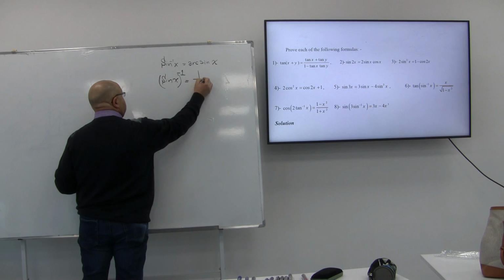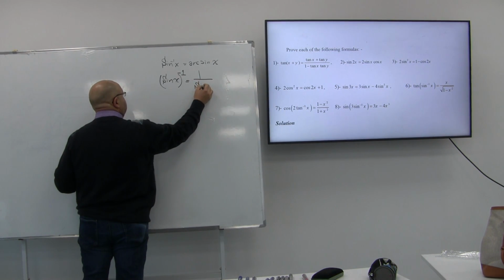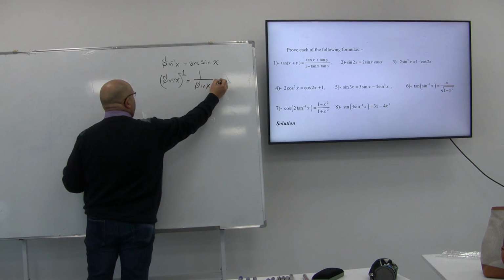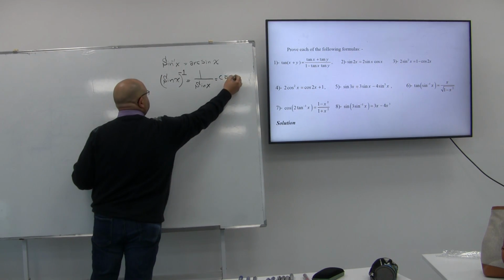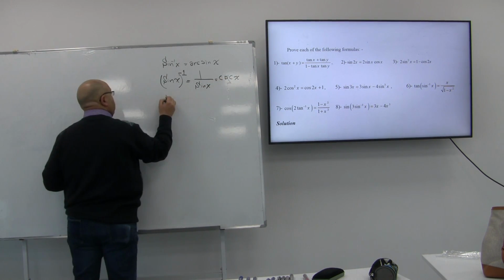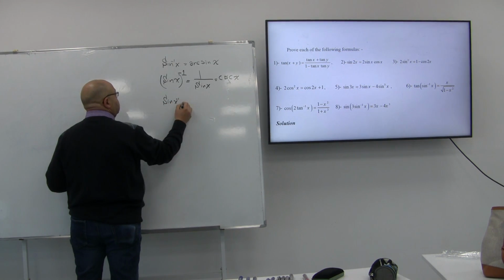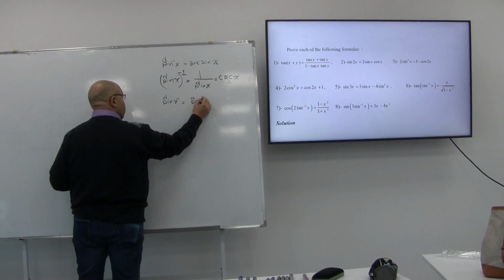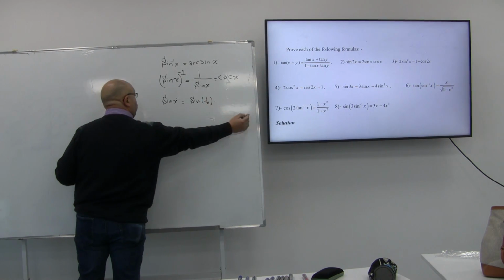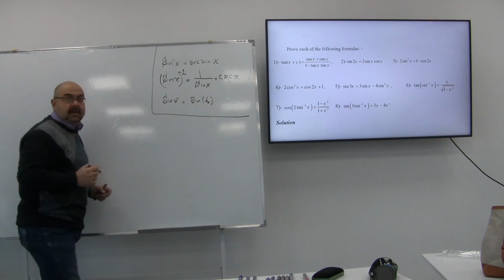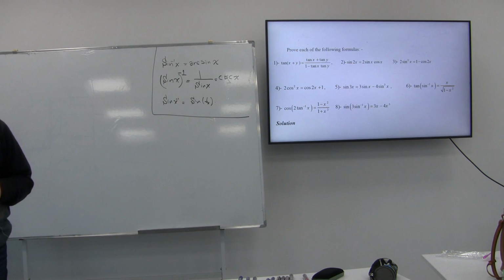And this means 1 over sine of x. And of course, you are right, it's cosec of x. Also, if I write sine x to the power of -1, it could stand for sine of 1 over x, for the angle of this value. This is really very important.